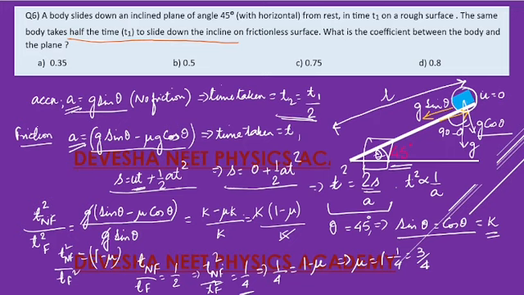So mu is equal to 3 by 4. So this is the answer. If you look at the answers which are provided to us, then this should be the answer. Okay, let's go to the next question now.